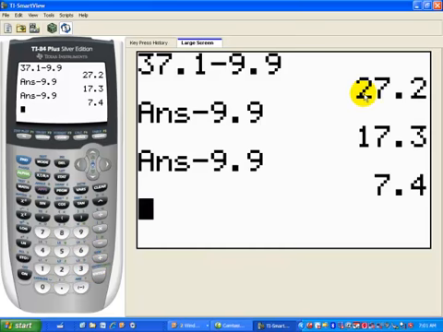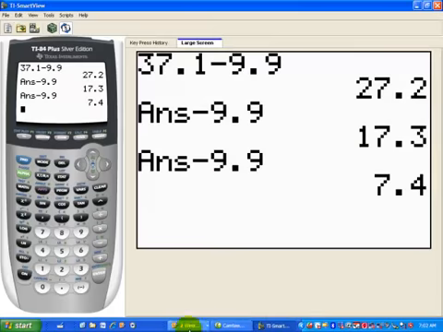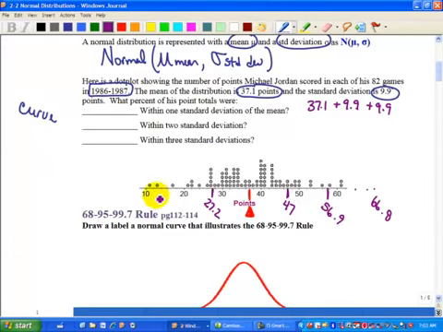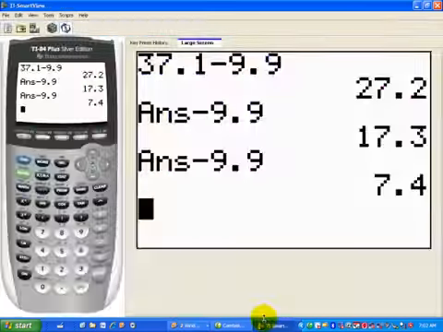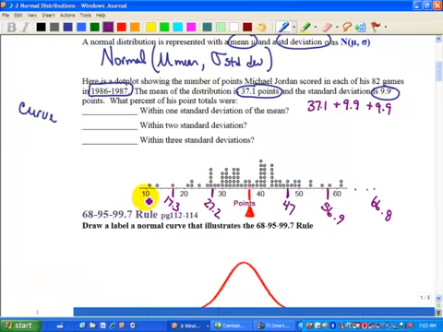Okay, label these 27.2, 22, 24, 26, 27, 17.3, 12, 14, 16, 17. And that last one, 7.4. So there's 10, there's 8, there's 6, here's about 7.